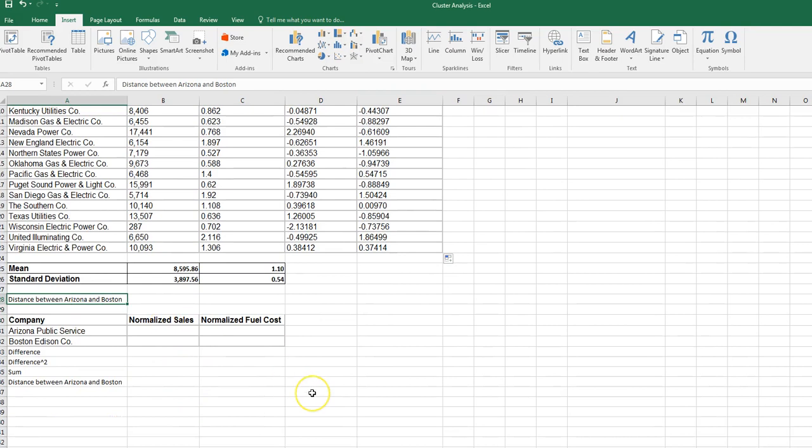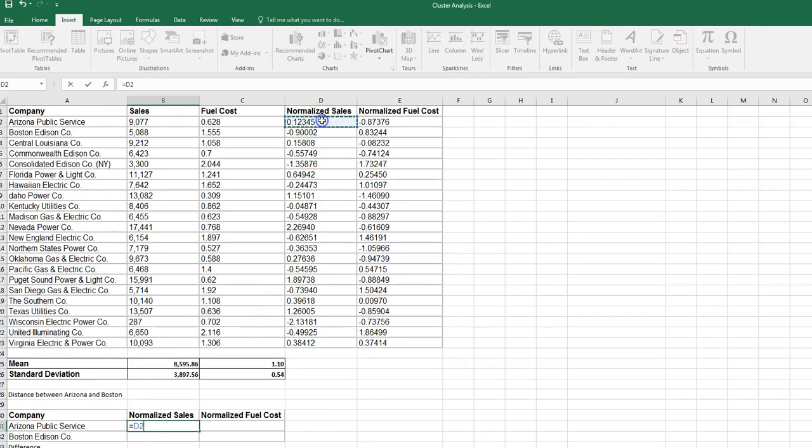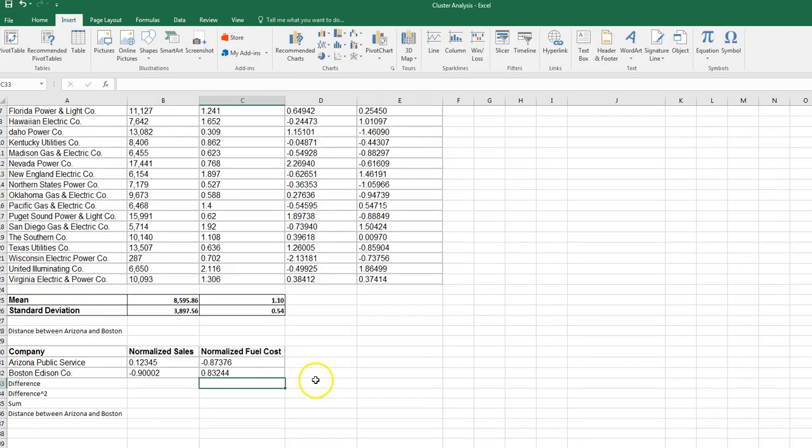Then we're going to move on to calculate the distance between two of our companies, Arizona and Boston. The normalized sale for Arizona is given in cell D2, and the normalized fuel cost for Arizona is given in E2. The same way for Boston, it is given in D3, and the fuel cost is given in E3.